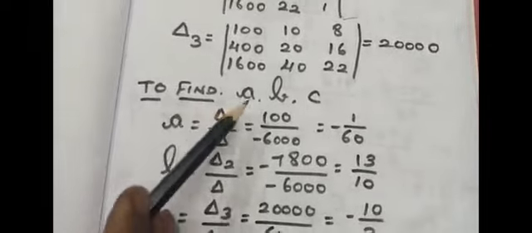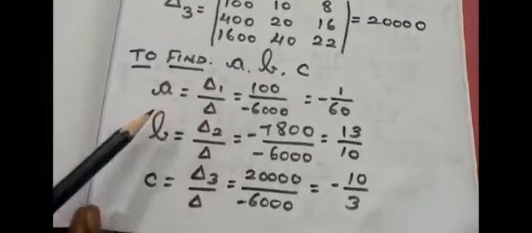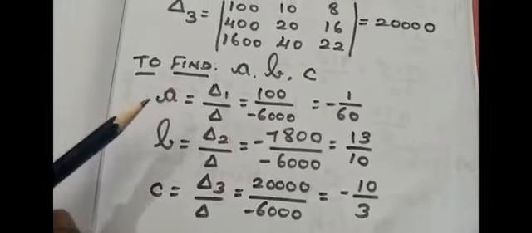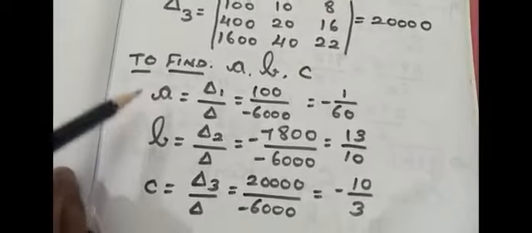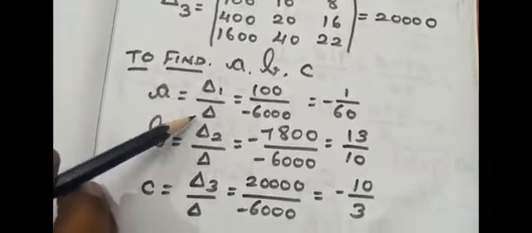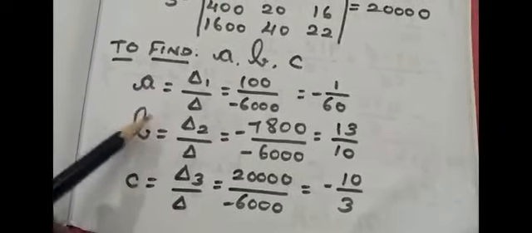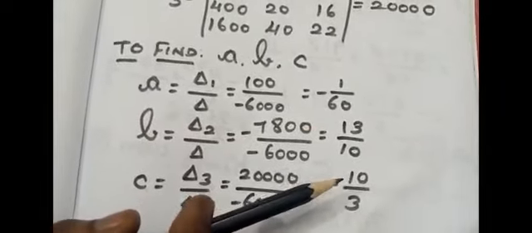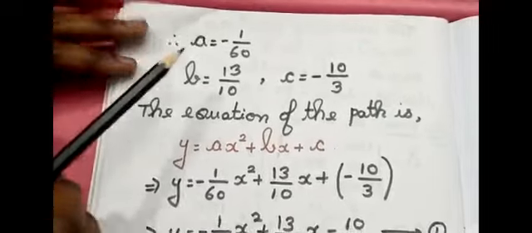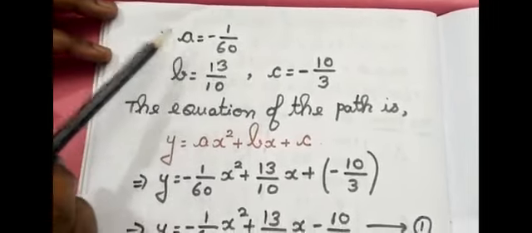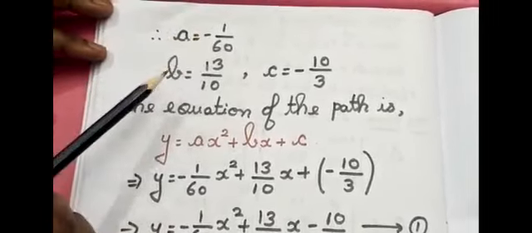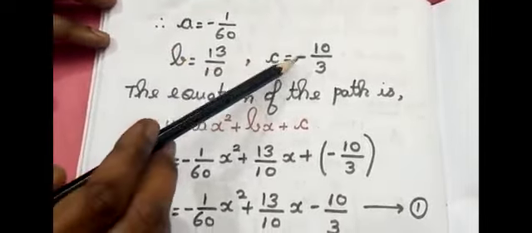After finding these, I am finding the values of a, b and c: a is delta 1 by delta, b is delta 2 by delta and c is delta 3 by delta. The values are a equal to minus 1 by 60, b equal to 13 by 10, c equal to minus 10 by 3.